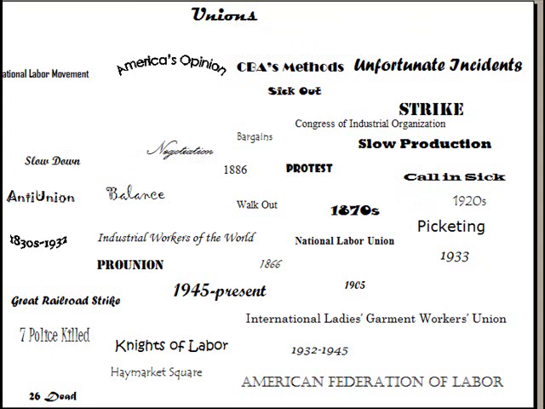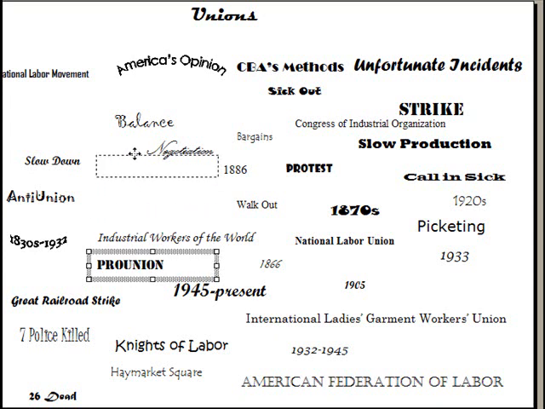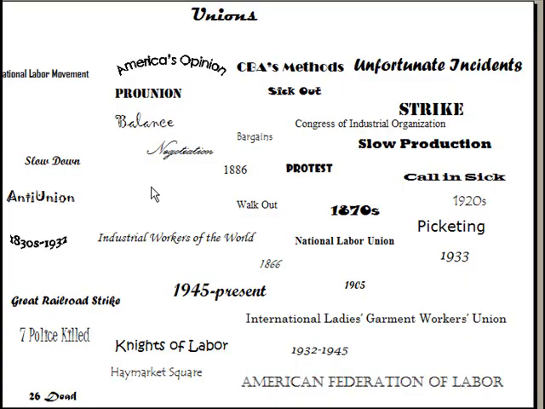As we continue, now we're going to look for the details. First and foremost, under America's opinion, students will read that at some point in our history, it was balanced. Some were for them, some were against them. Also, as they read, they're going to find that some parts of our history say America's opinion was pro-union.